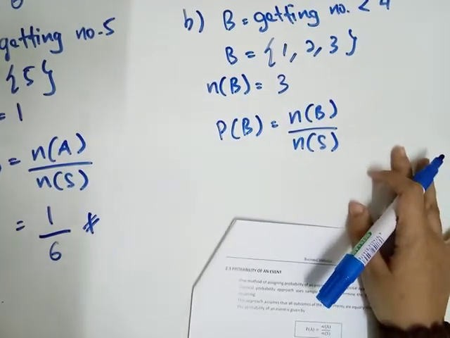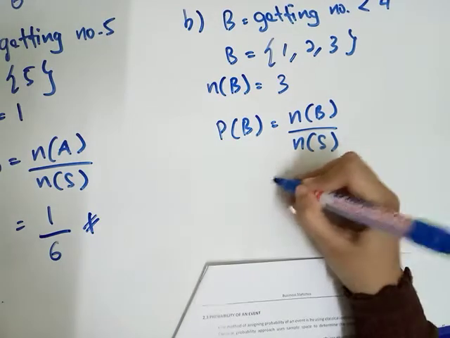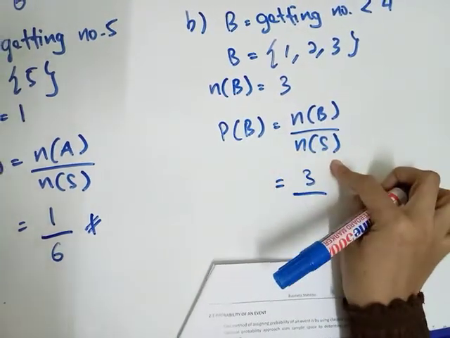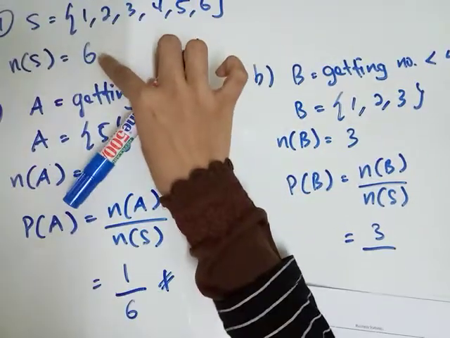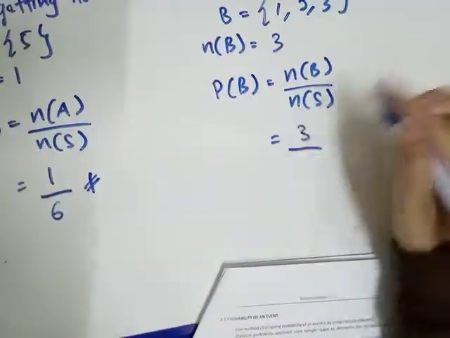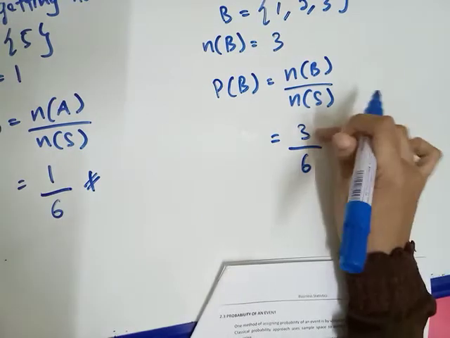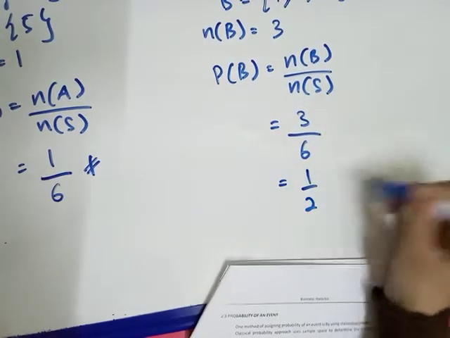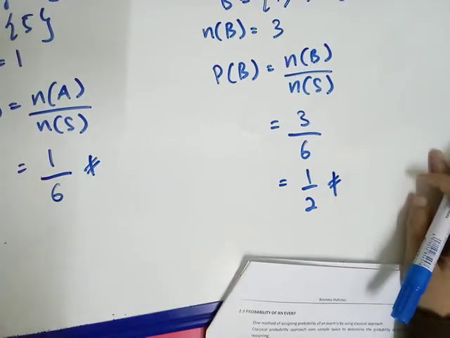So NB is 3 over dengan NS, which is 6. 3 over 6, we can simplify, we get 1 over 2. So this is the answer.